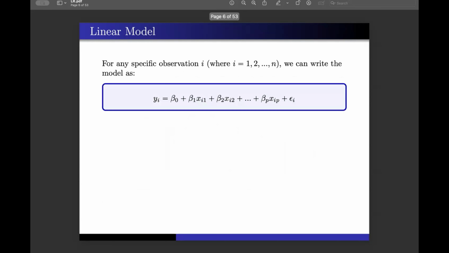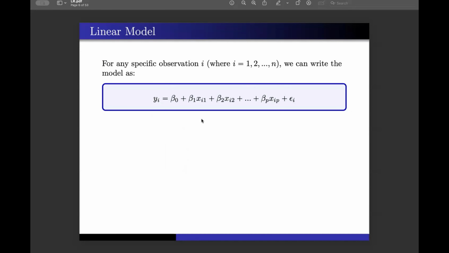Okay, let's start. For any specific observation, where i could be anything from 1 to n, we can write the model as yi equals beta naught plus beta 1 xi1 plus beta 2 xi2, and so on and so forth, beta p xip plus epsilon i.